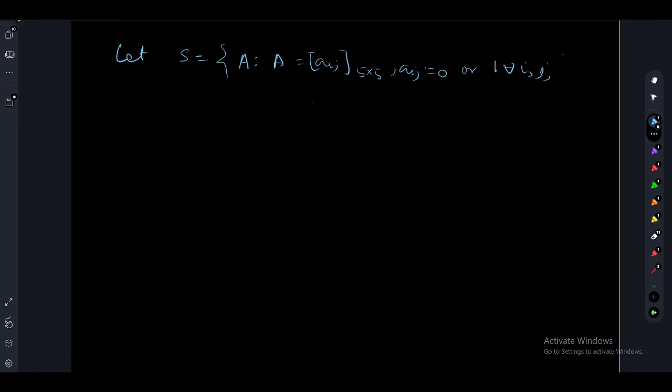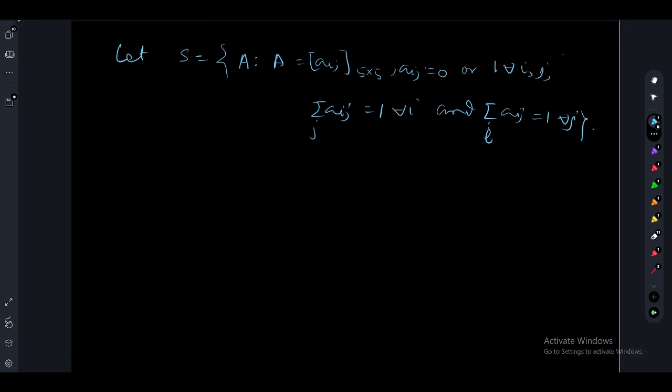Also, the summation of Aij over j equals 1 for all i, and the summation of Aij over i equals 1 for all j.